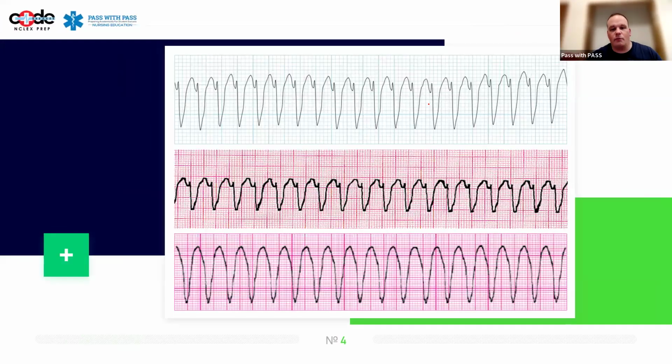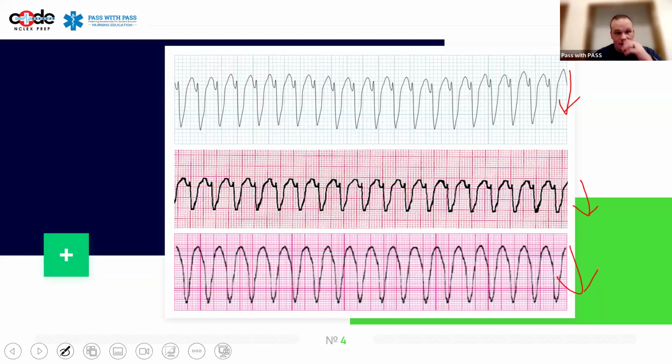These are a few different ways that VTAC can appear. It can be primarily negatively deflected QRS complexes like we see on the screen here. The QRS complexes can be all positively deflected. It doesn't really matter which way they're heading. Sometimes we see them heading in different directions. We call those multifocal. If it's PVCs, we call them multifocal PVCs if they're headed in different ways.